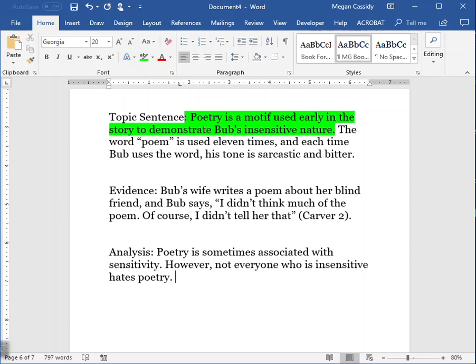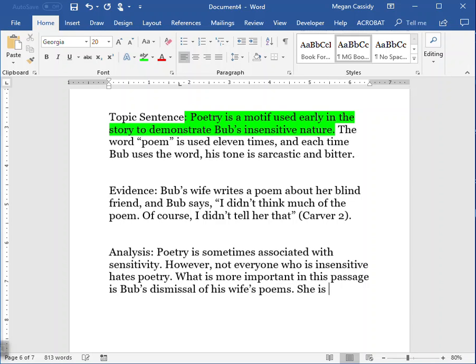I think the more important thing here is Bub's dismissal of his wife's poems. Because really, if you read the story, she is trying to communicate something to Bub, but he rejects her experience and kind of looks on it with disdain.